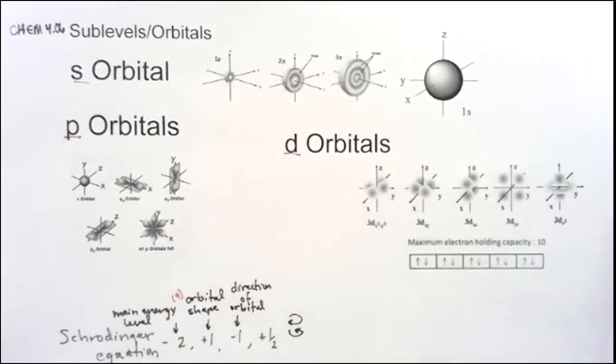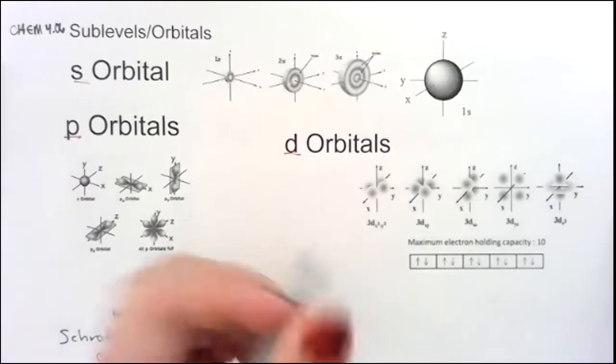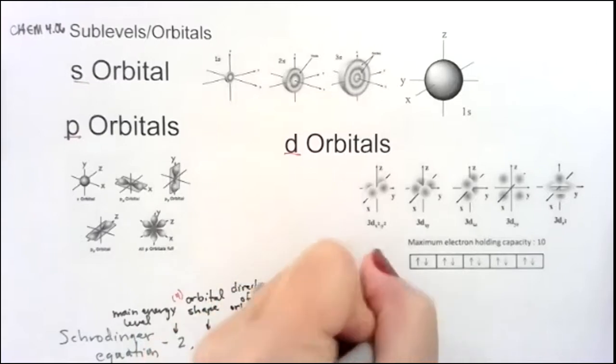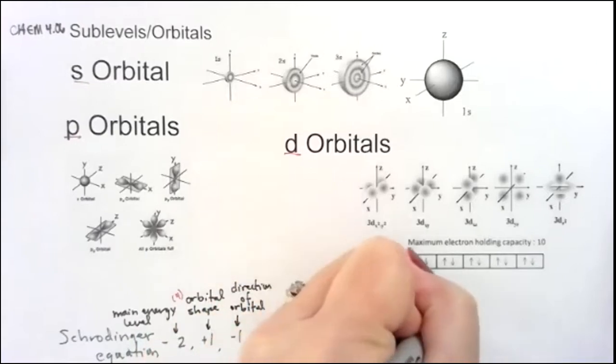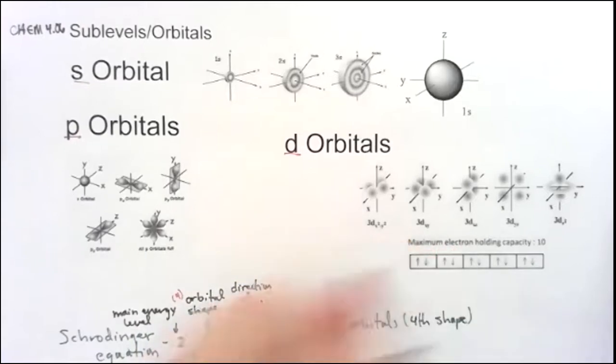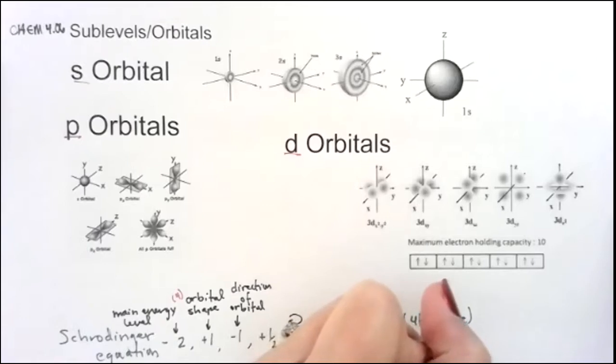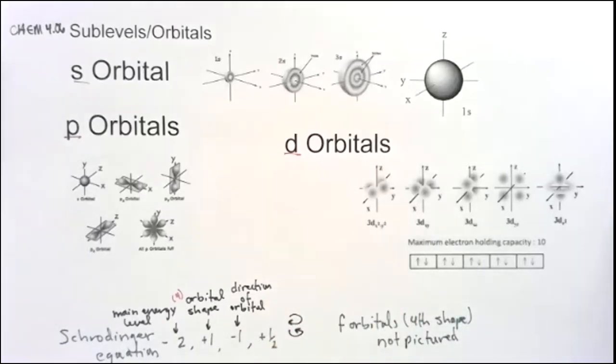F orbitals are the fourth shape, and we're not going to discuss them, so they're not pictured. We're just going to let those go by.